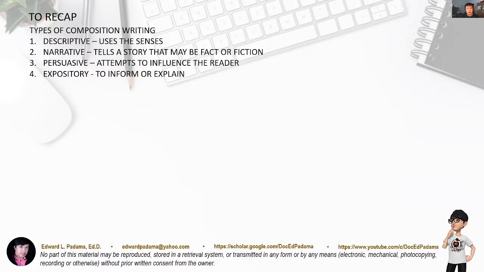When we talk about descriptive writing, this usually utilizes the senses. Previously, we discussed examples of this. It is commonly used in blogging, wherein the writer writes what he or she is reviewing, such as a restaurant or a tourist spot.